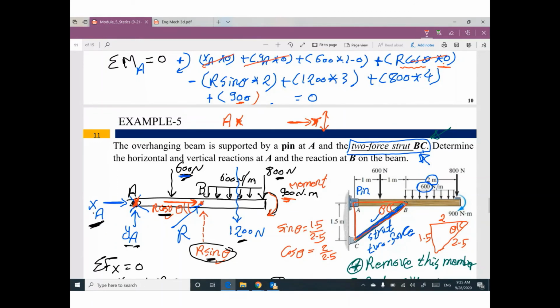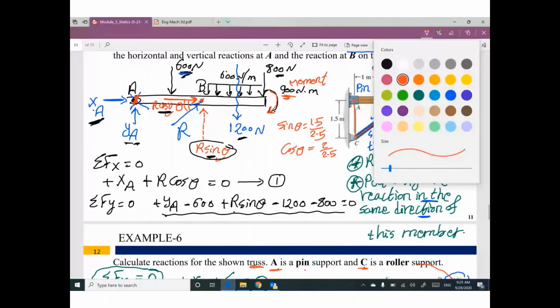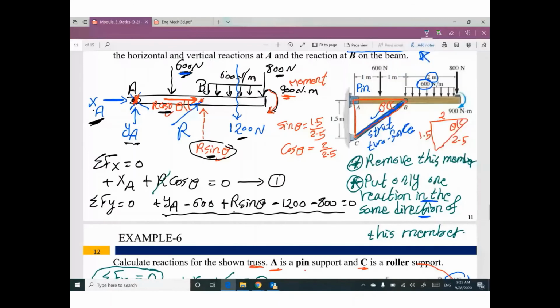The only unknown, this one will be cancelled, this one will be cancelled, and this term will be cancelled. The only unknown in this equilibrium equation will be R. Remember, sine theta equals 1.5 divided by 2.5. So I can figure out the value of R. Once you figure out the value of R, I can go back to this equation, put in your value of R, and the cosine theta is 2 divided by 2.5.